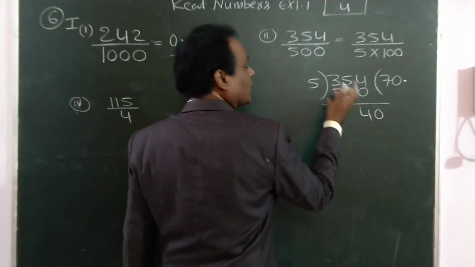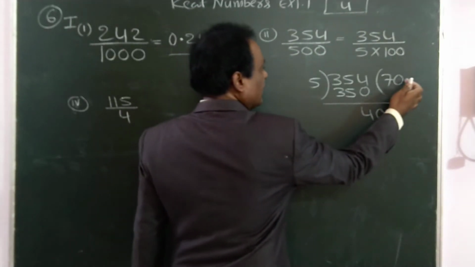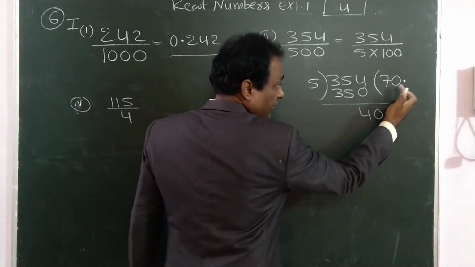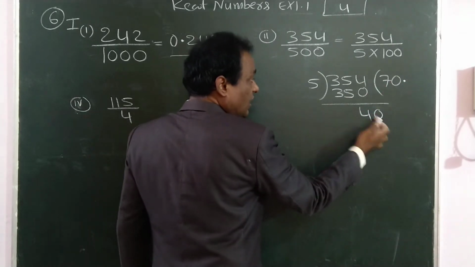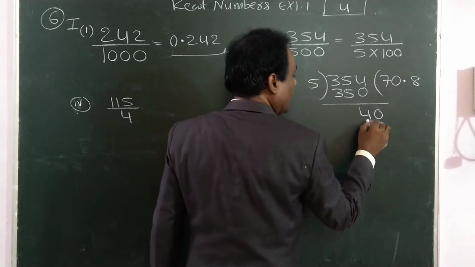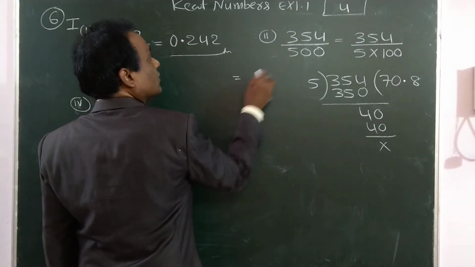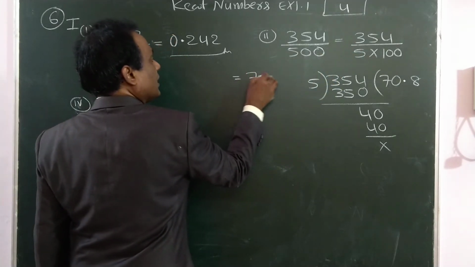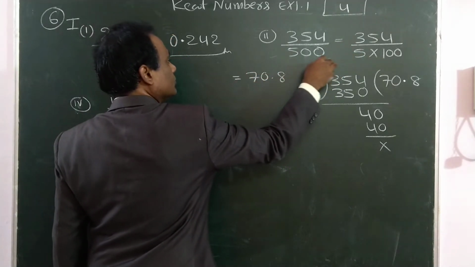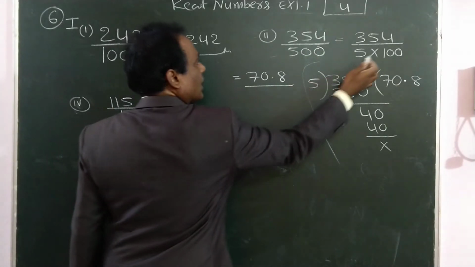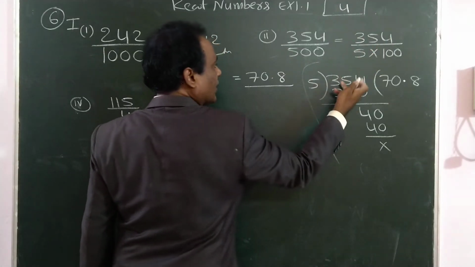Then 5 8s are 40, over. So the answer is 70.8. Dividing 354 by 5 is done.